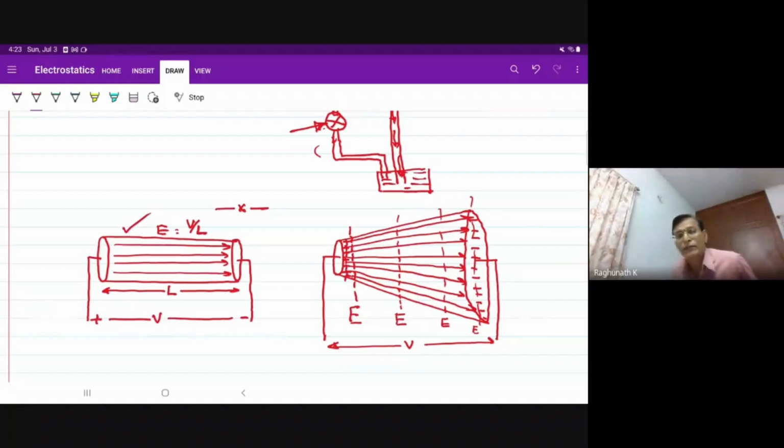But in the other case, electric field intensity is not purely axial. The lines are inclined. Electric field intensity is inclined. Any doubt here? Please check.